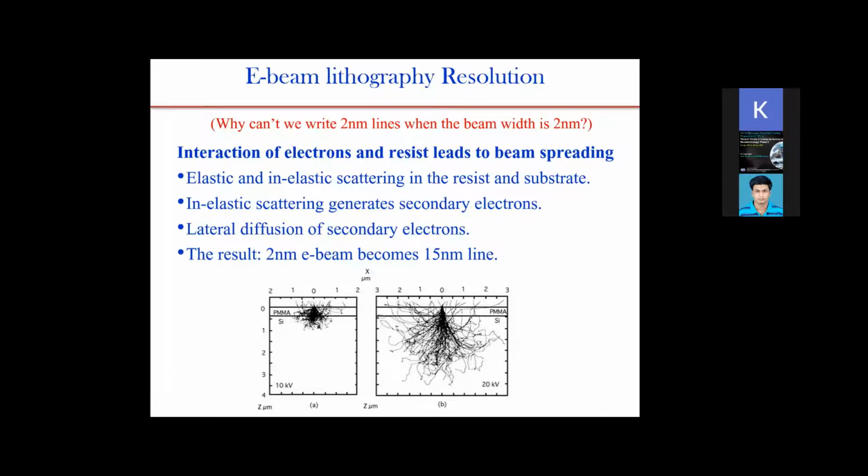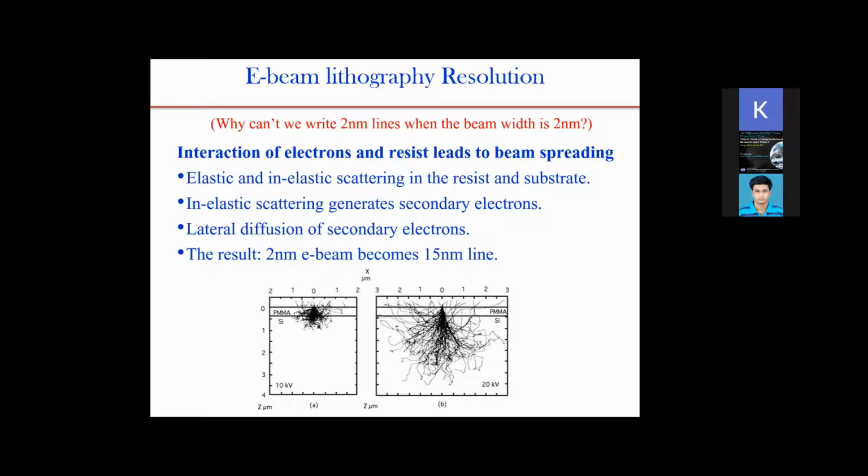But the problem is that whenever an electron beam is falling on or interacting with the resist, it will also create secondary electrons. These secondary electrons will have a lateral diffusion, and that will cause some of the resist in the neighboring region to also get affected.